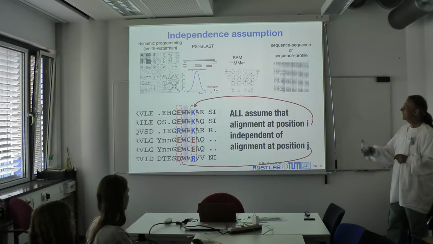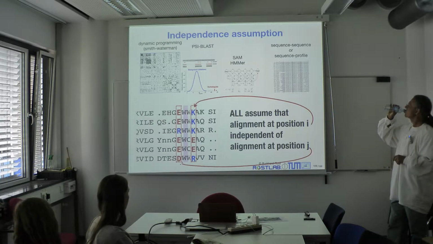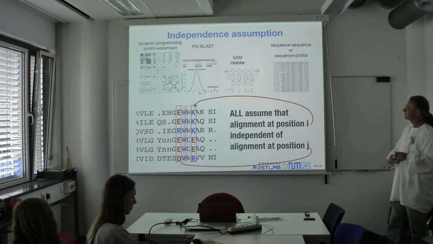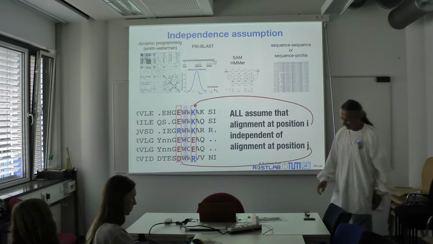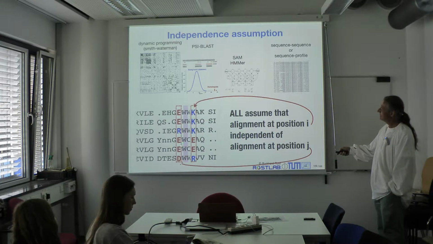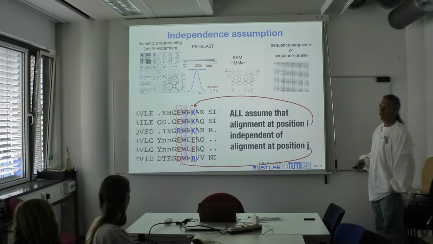Actually, maybe I should choose a better example. The problem is if you choose examples from real cases, then they don't look good. So ideally I should have used a real salt bridge, where it's positive here, negative here, and positive here, or something like that.